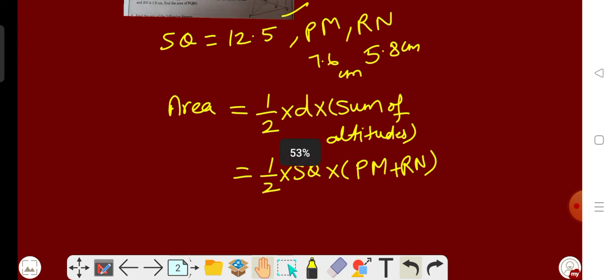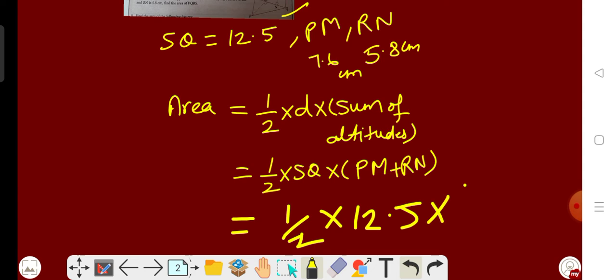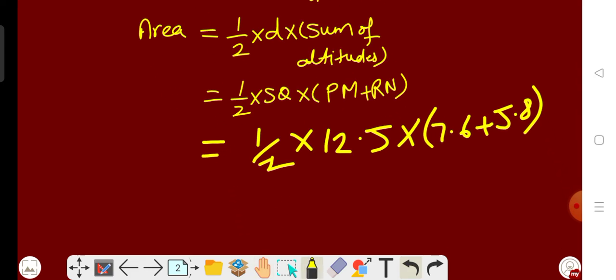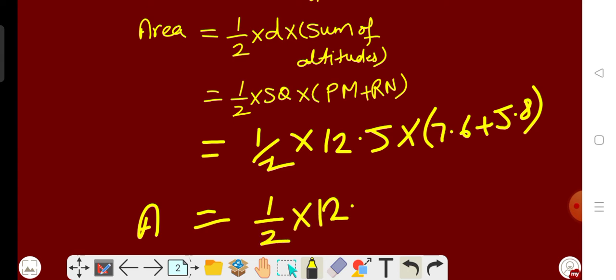So the area of this quadrilateral is equal to 1 by 2 multiplied by 12.5 multiplied by 7.6 plus 5.8. So the area is equal to 1 by 2 multiplied by 12.5 multiplied by 13.4.